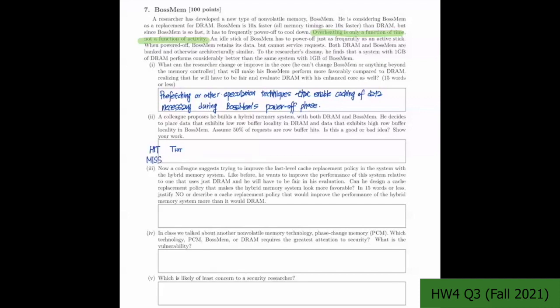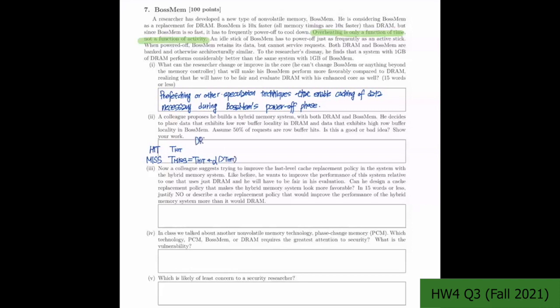And for a row miss request, the latency will increase due to pre-charge and activation. So T miss should be T hit plus alpha for the other operations, the pre-charging and activation. And alpha is typically larger than T hit, right?